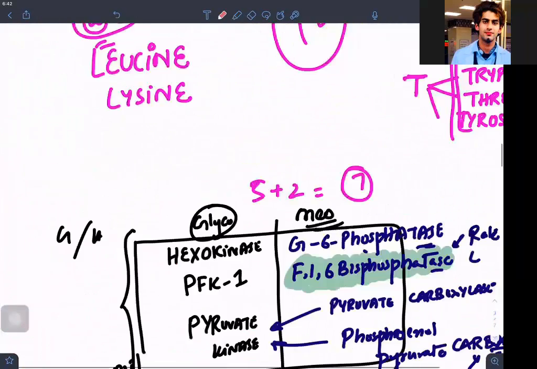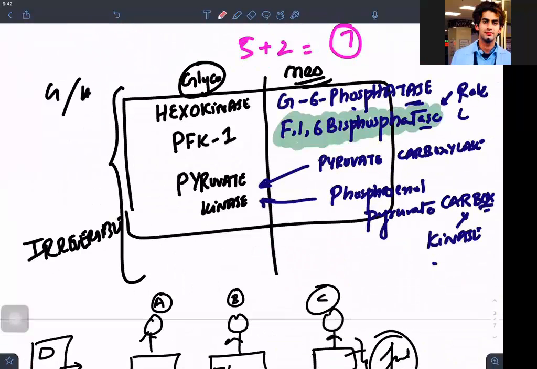And we discussed that we have some enzymes which are opposite of glycolysis. For hexokinase, we have glucose 6 phosphatase. For PFK, we bypass with fructose 1,6 bisphosphatase. For pyruvate kinase, we have pyruvate carboxylase, where we started this reaction, and phosphoenolpyruvate carboxykinase is the next enzyme.